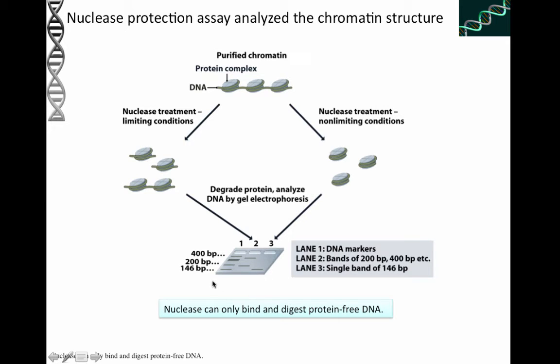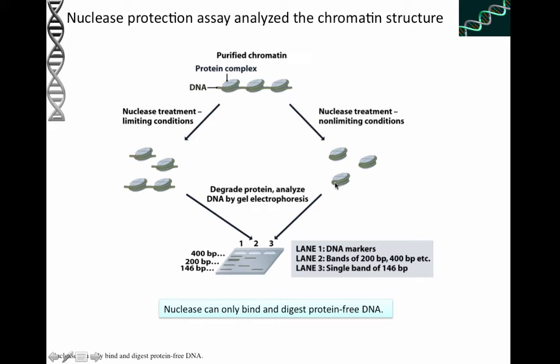After the electrophoresis, what they found was 400 base pair, 200 base pair, and 146 base pair with full digestion. This indicates that from the partial digestion, you get 200 base pair as a monomer and 400 base pair as a dimer. So the area including where the histone molecule is associated plus some of the side residues is about 200 base pair.